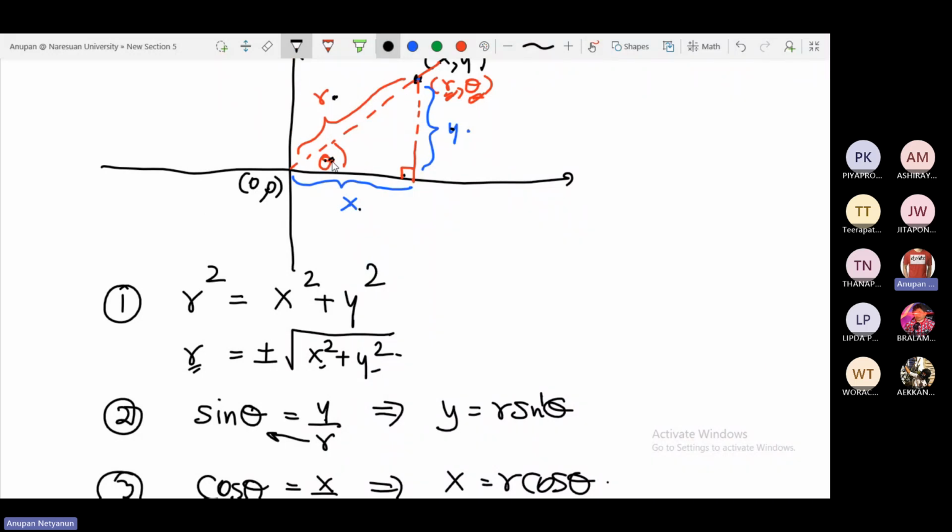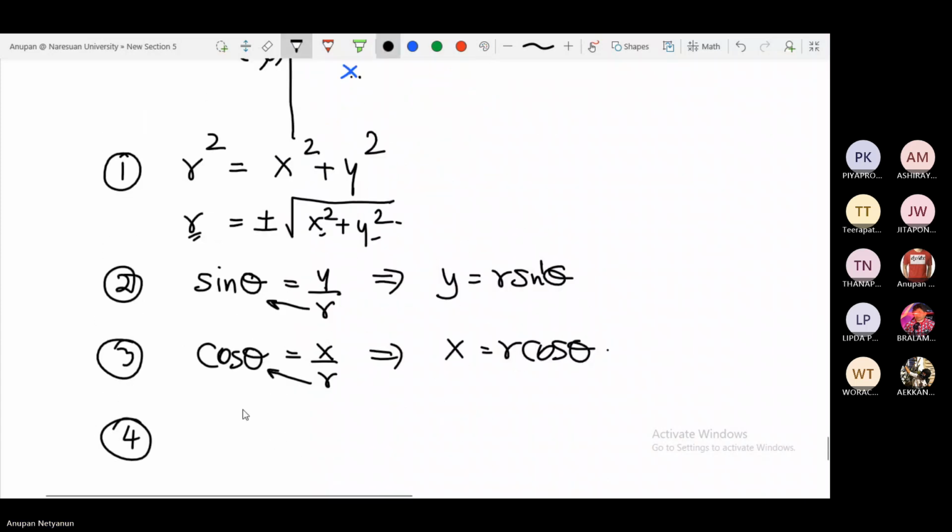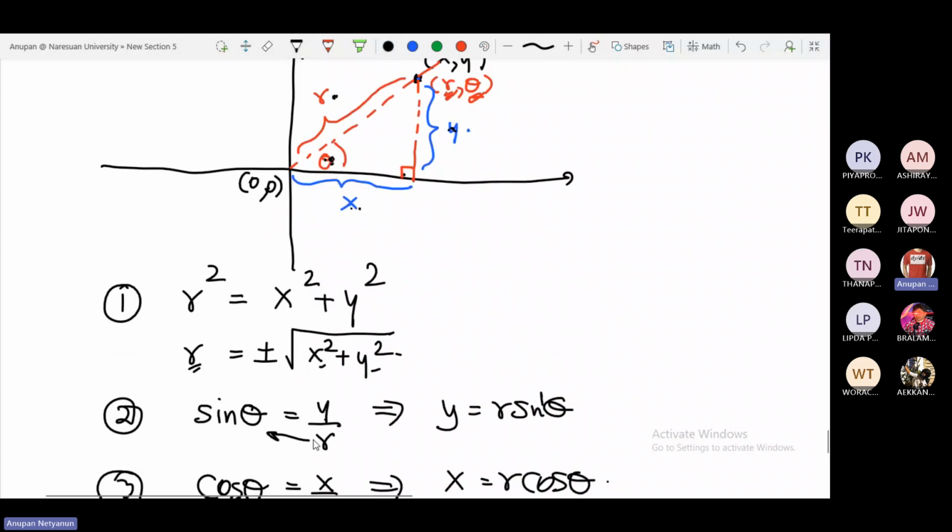Now I try to relate theta with x and y at the same time. From this right triangle, y is the opposite side of theta, and x is the adjacent side. That is the proportion of the tangent of theta, so I have tangent theta equal to the opposite, which is y, over the adjacent, which is x.